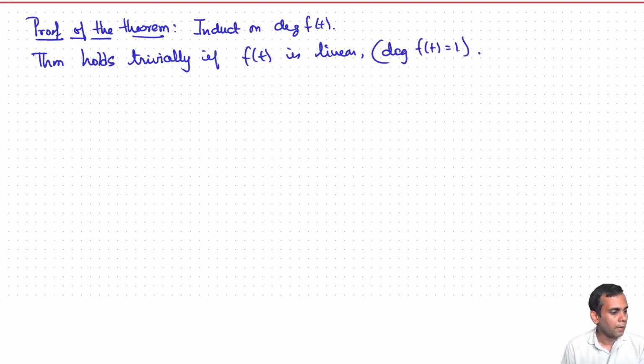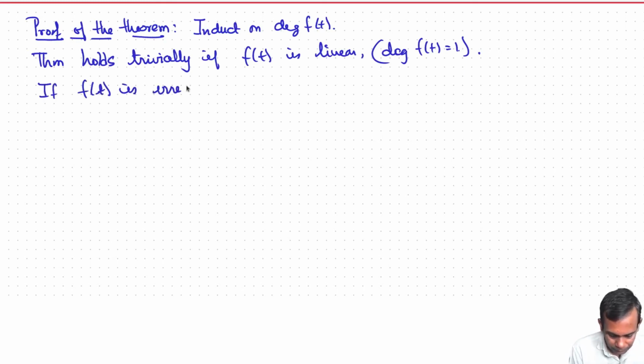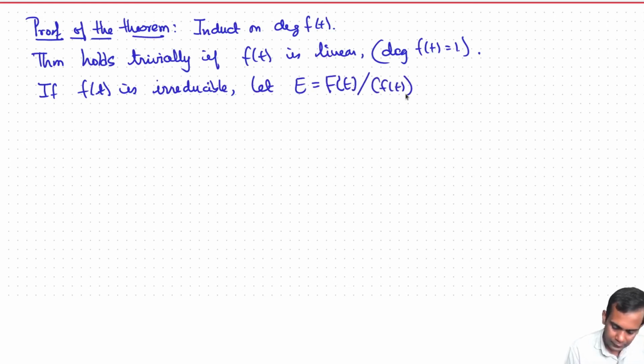Okay, now if f(t) is irreducible, then just take, as a first approximation, E to be F[t] mod the ideal generated by little f(t), and this is a field.